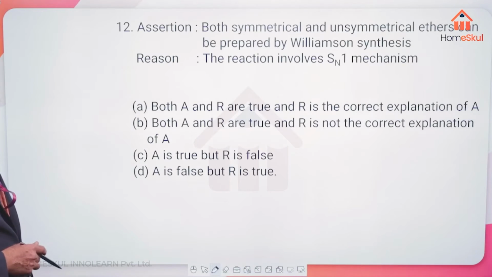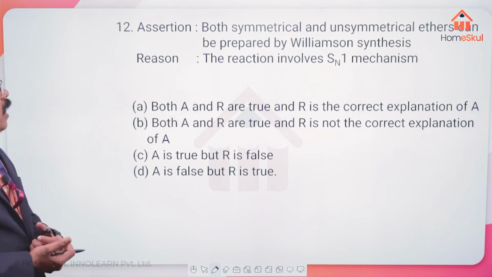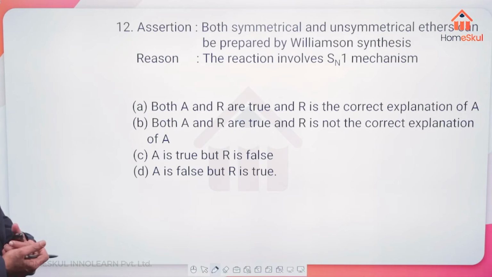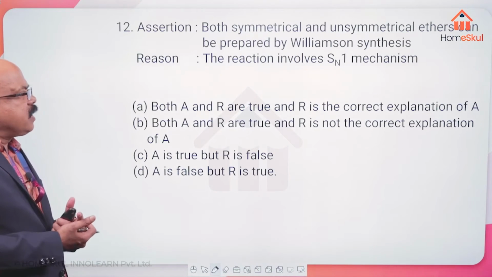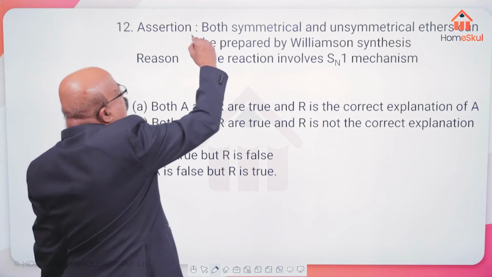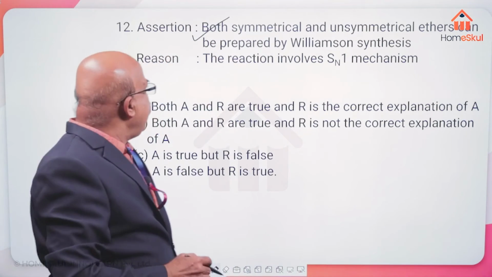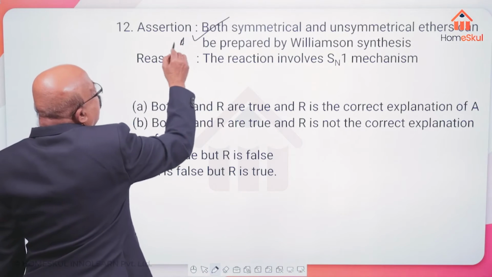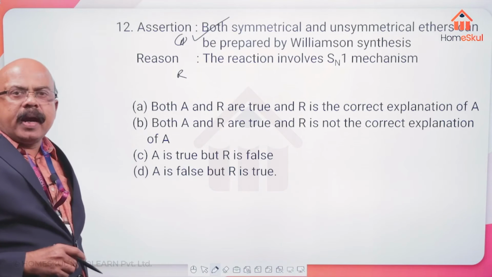Next is an assertion question, a simple one. Both symmetrical and unsymmetrical ethers can be prepared by Williamson synthesis. That is a correct statement, marked as A. Reason R is that the Williamson synthesis involves the SN1 mechanism.